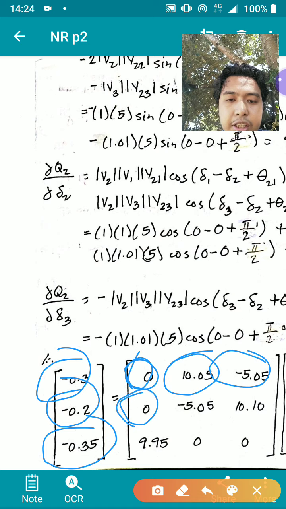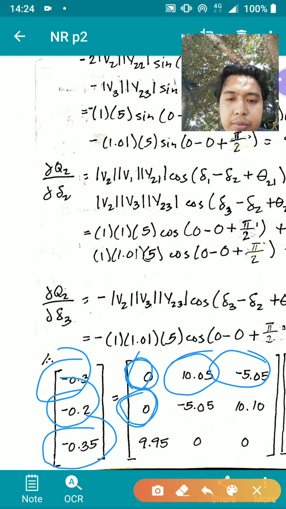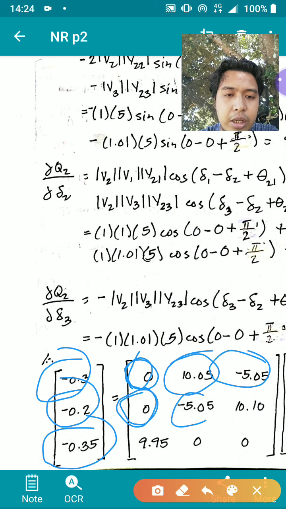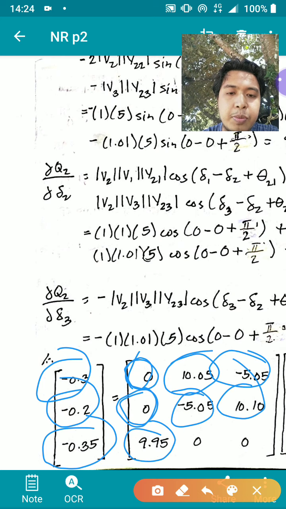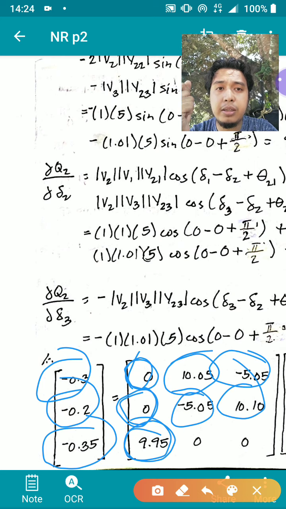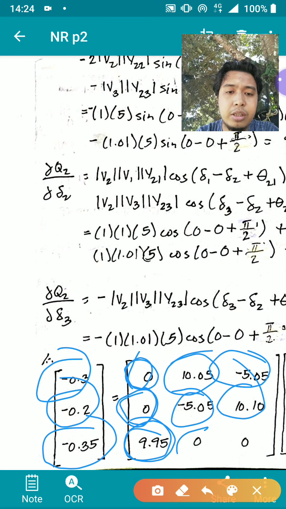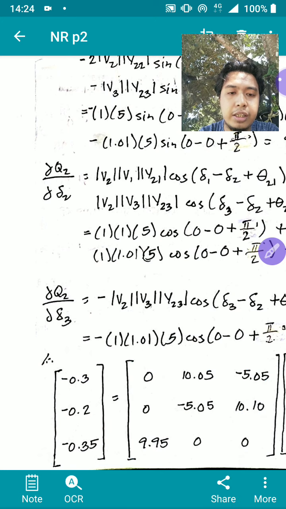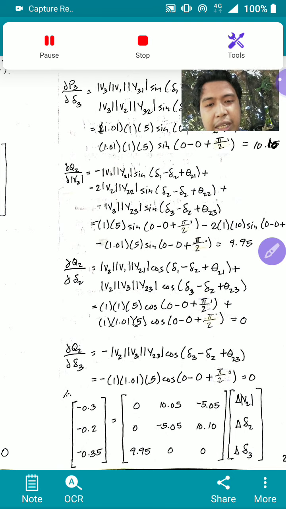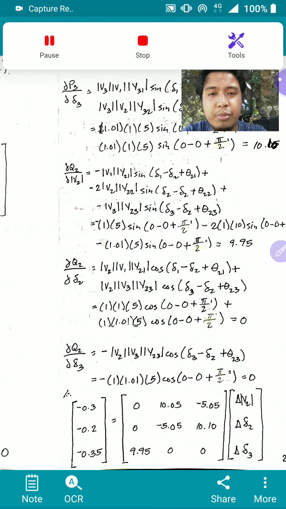This is the partial derivative of P3 with respect to V2 magnitude, angle 2, angle 3. This is the partial derivative of Q2 with respect to V2 magnitude, angle 2, angle 3. Okay, so what do we get from this form?